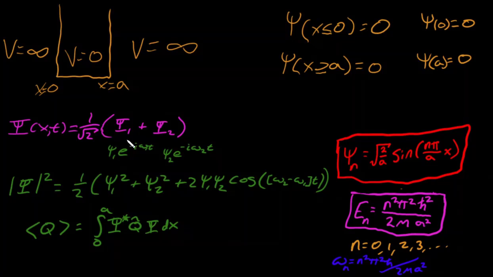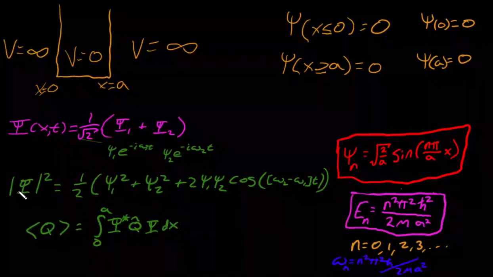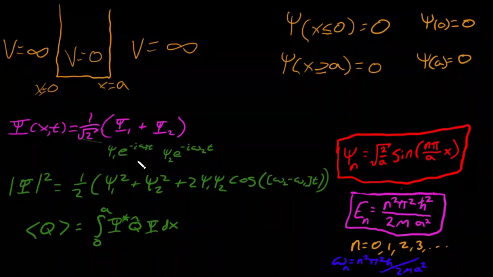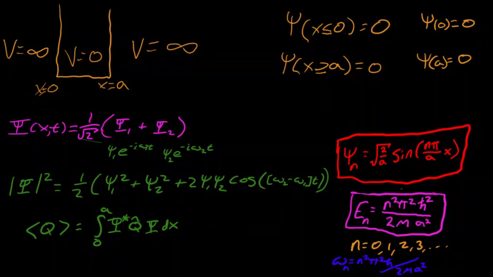And note, when you expand this out, we have to remember it's a norm squared, so you take the complex conjugate, because these are complex. It's just the part in x that is not complex. And if we do this for position and for momentum, we'll get some interesting results.